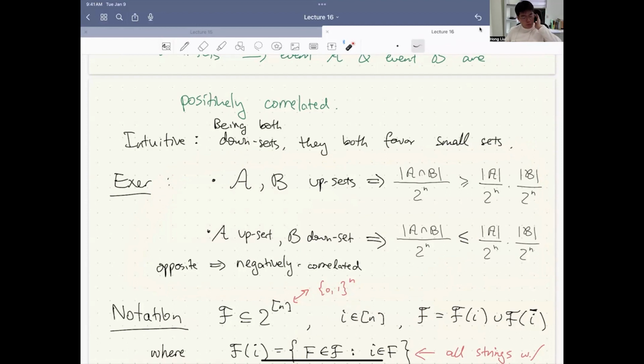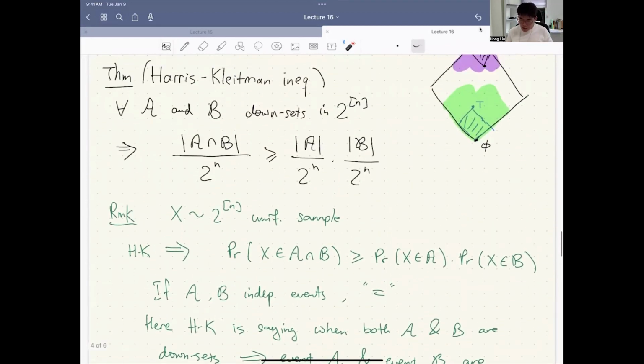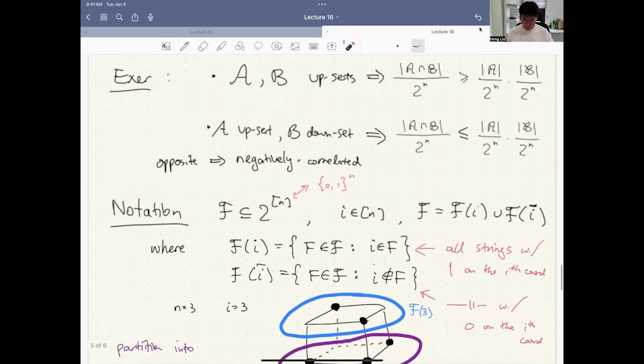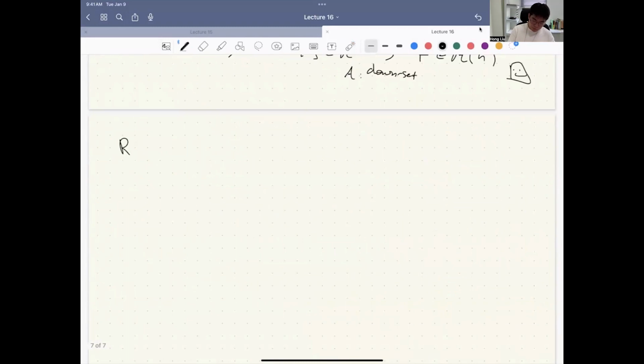Oh, there's a remark I want to make. This is optimal. We cannot have plus 1 here. Why is this optimal? Here's the example.